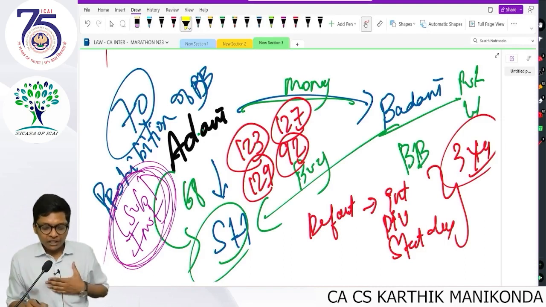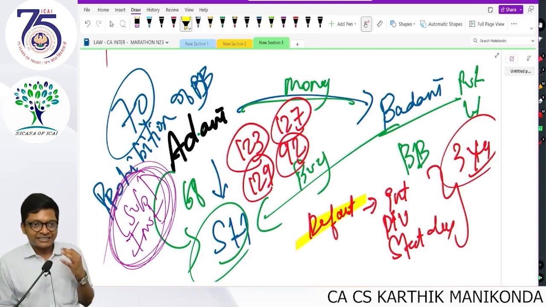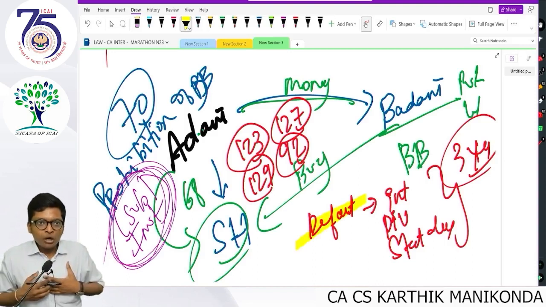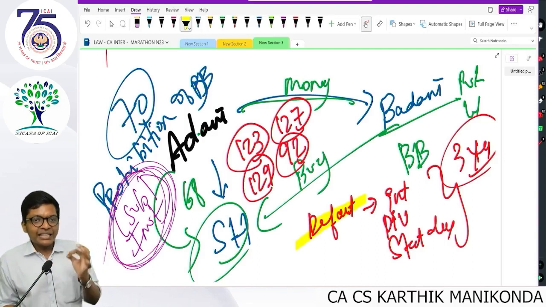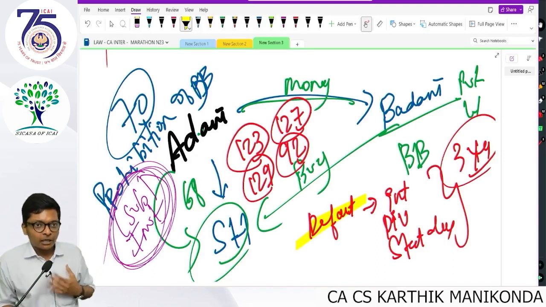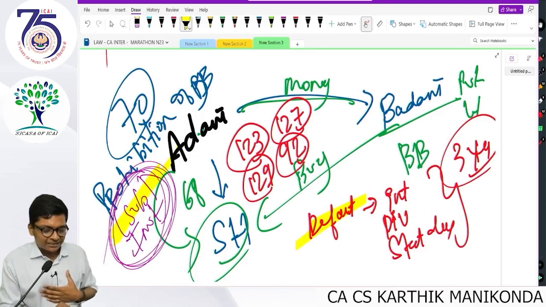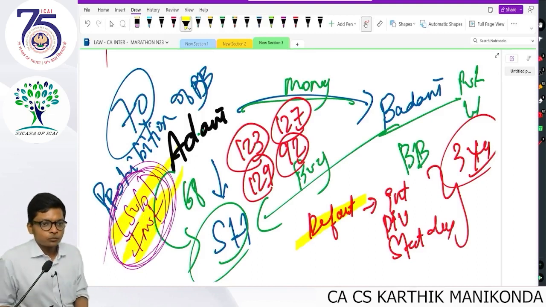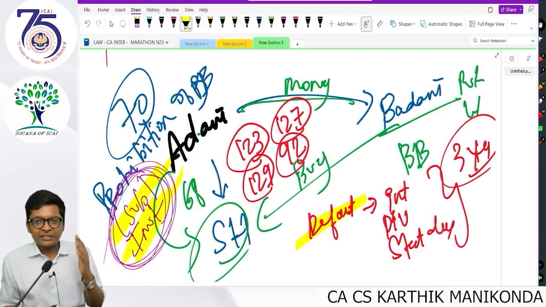So, what default? What is 70? To summarize, 70 says no company can directly or indirectly do a buyback, prohibited to do a buyback through its subsidiary or through an investment company.